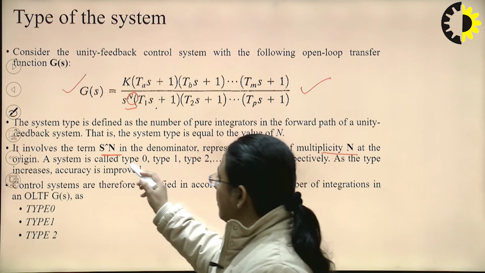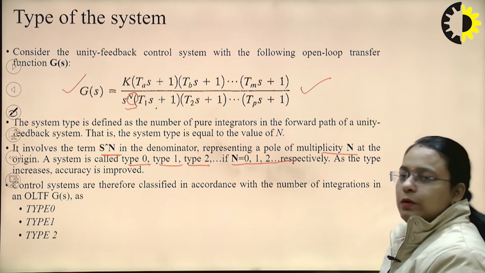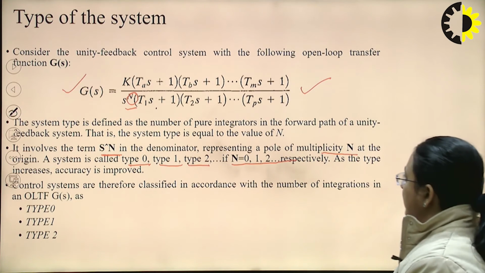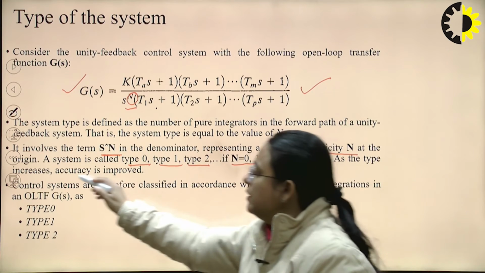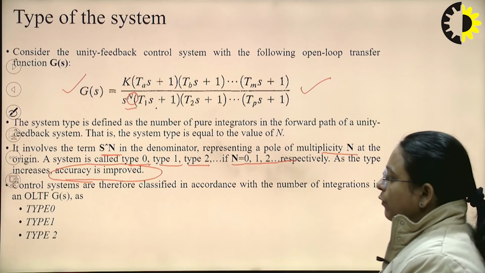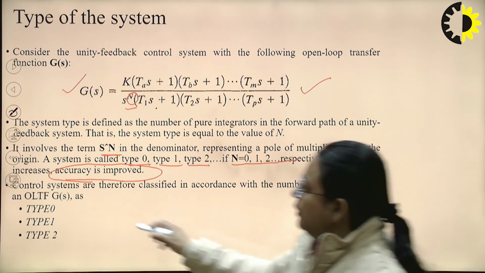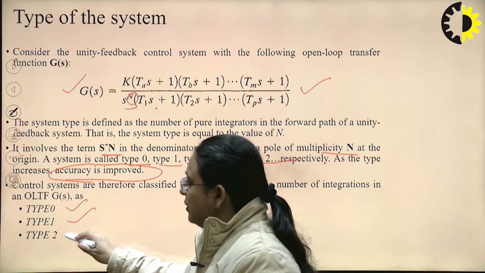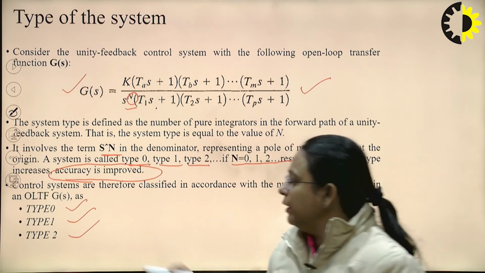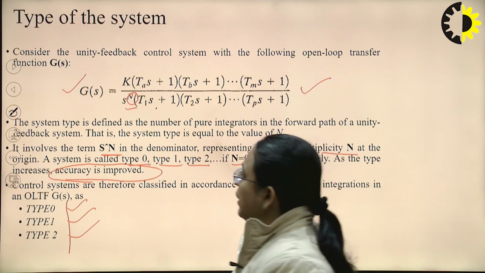So our system is called type 0, type 1 and type 2 and so on if n is equal to 0, 1, 2 respectively. As the type increases, the accuracy of the system also improves. For the control system, we will here talk about the type 0 system, type 1 system and the type 2 system. I'll discuss these three types of the control system one by one.